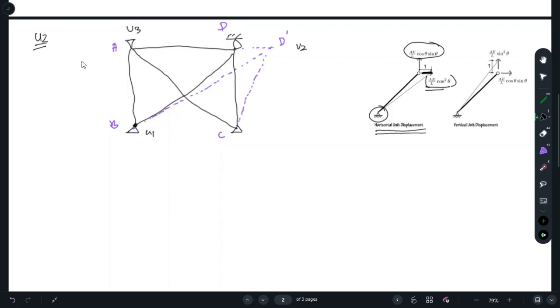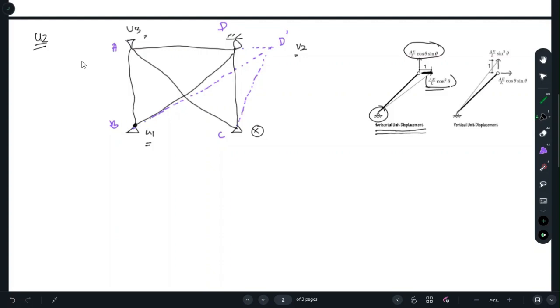So we want to find out stiffness at the points where we have DOFs. So we'll find out stiffness at this point, at this point, and this point, not this point, because this C point has no displacement or no degrees of freedom. So we'll find out stiffness at the points where we have degrees of freedom.